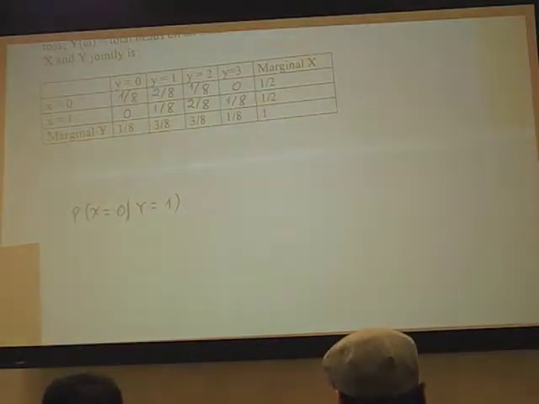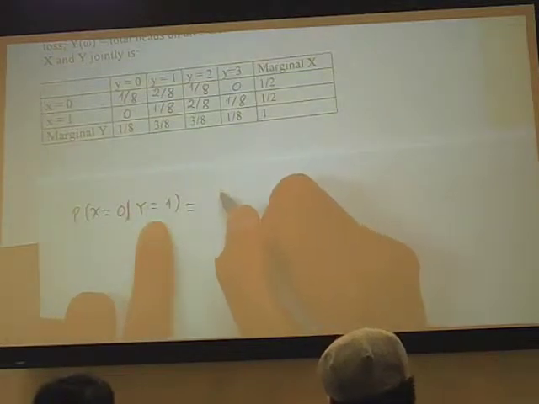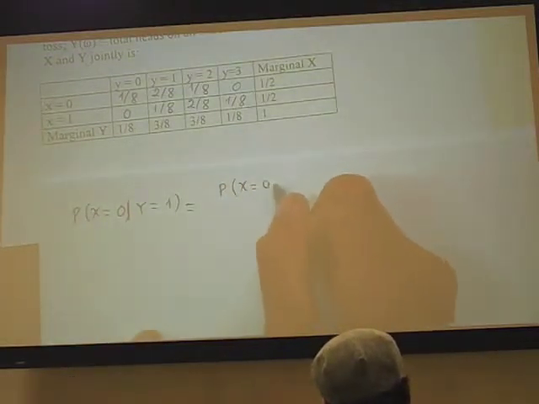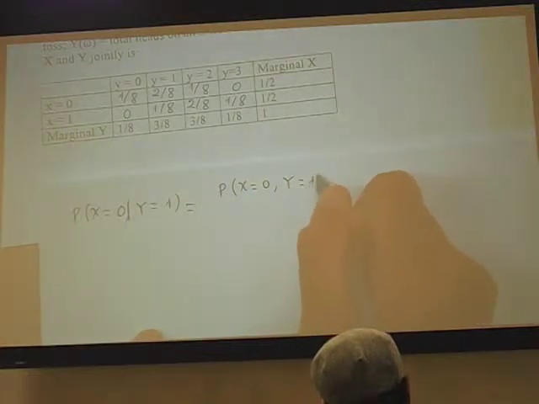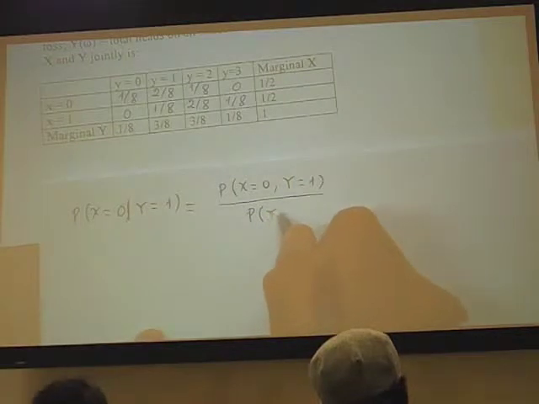See what I'm asking you to do? Now, how do you do this one? This one right here is first the probability of what? X equal to 0 and y equal to 1, correct? Divided by probability of y equal to 1.